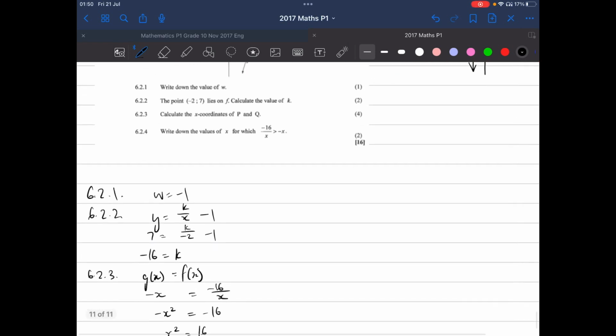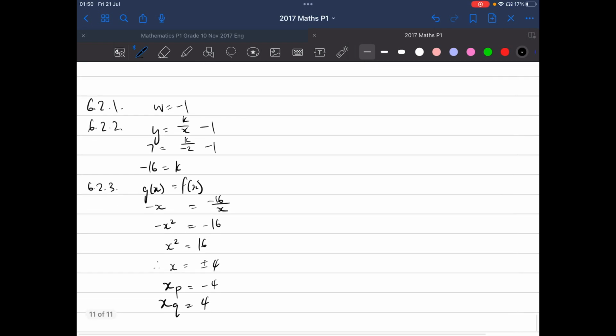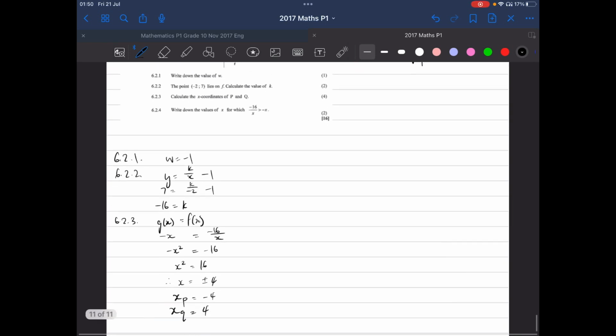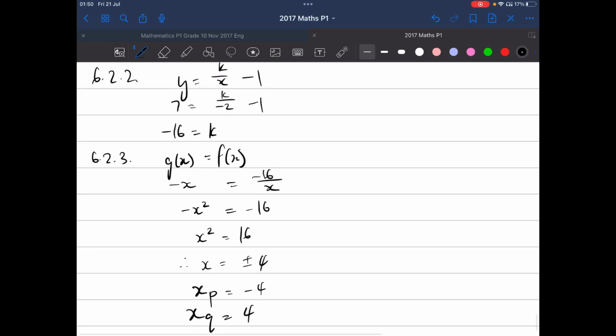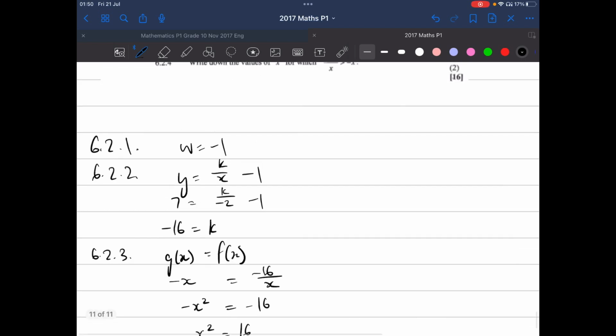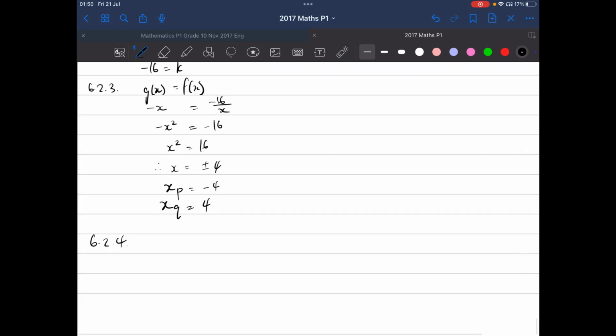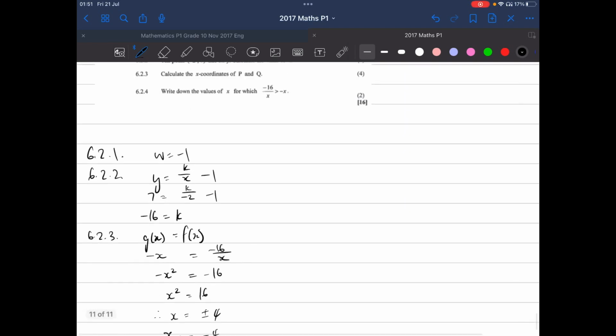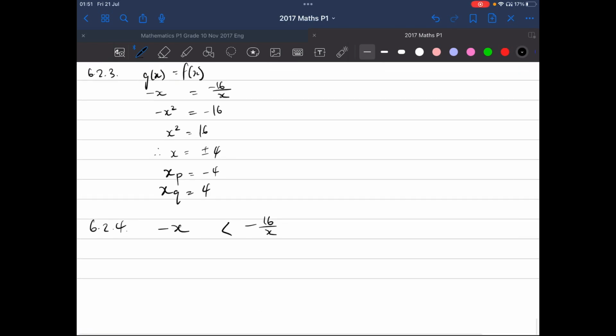Remember, if you look at it nicely, you'll see that if I take this expression that we had earlier, I have minus x and I have minus 16 over x. Remember, this happened after we took away those minus ones, right? And I have this greater than sign in between them.